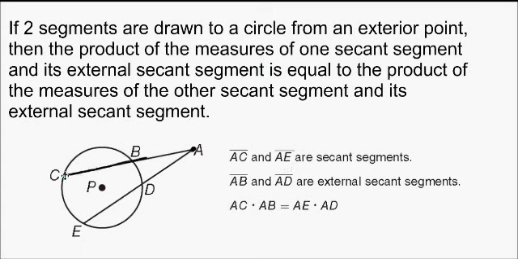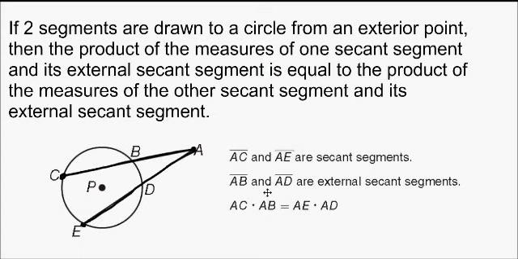So we can see here AC and AE are secant segments. So that's this line and this line. Those are secant segments because it's part of a secant line and you have one endpoint on the circle. So C is on the circle, E is on the circle.